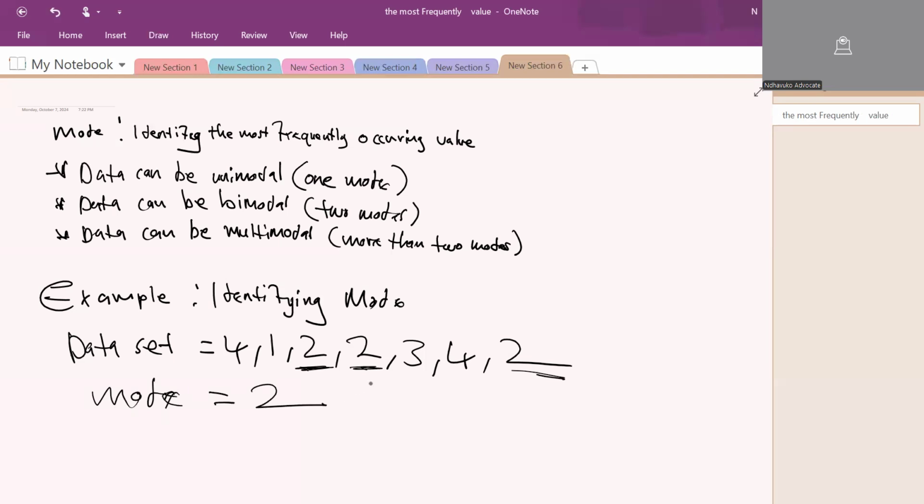If they ask you a question, why do you say 2 is the mode? You say it appears most frequently.